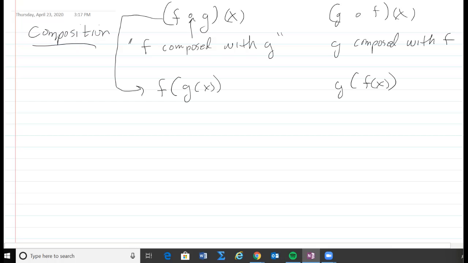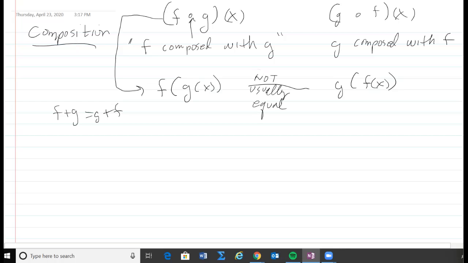You can't just switch F with G like that. Like addition is commutative. F plus G is the same as G plus F, right? But when you do this composition, it's not the same, okay? You won't always get the same functional result. So in general, these will not be the same as each other. Not usually the same.